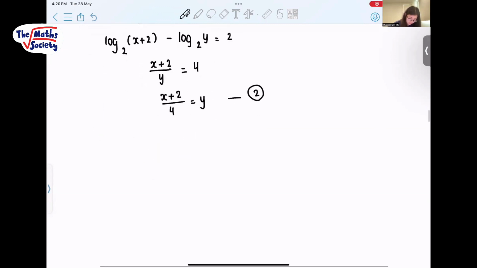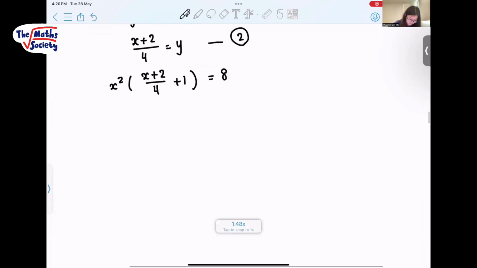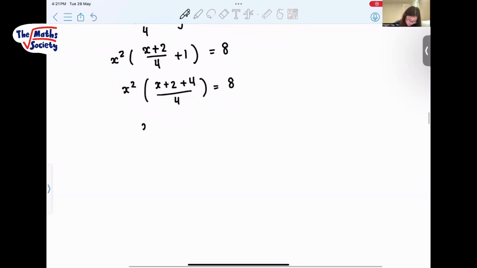So then we'll try to find x squared times (y plus 1), so x squared times ((x plus 2) over 4 plus 1). We'll substitute them, and that is equal to 8. So when we multiply them, let's do this first. x squared times (x plus 2 plus 4) over 4, because we're going to have the same denominator, equals 8. So x squared (x plus 6) over 4 equals 8.